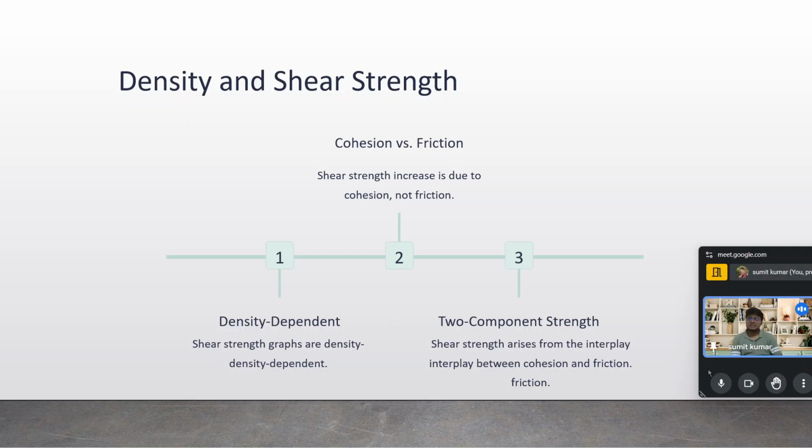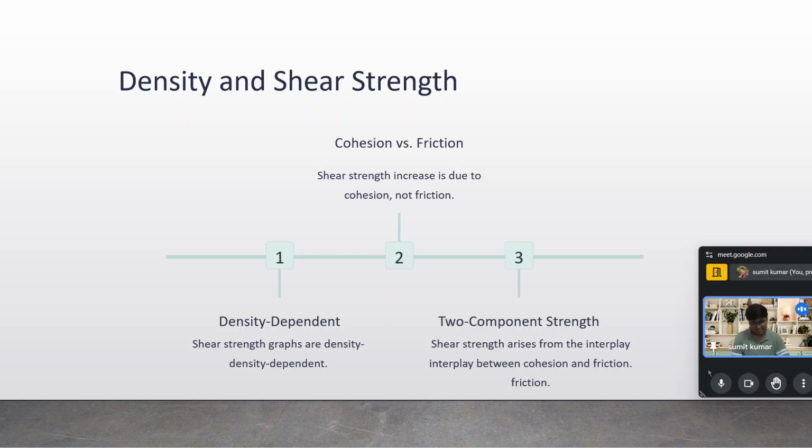Density is one of the important factors, because when we calculate sigma, we talk about stress, we talk about effective stress. We have talked about this earlier as well. So effective stress is calculated on the basis of density.